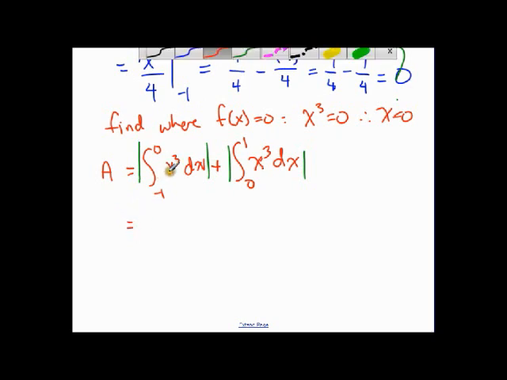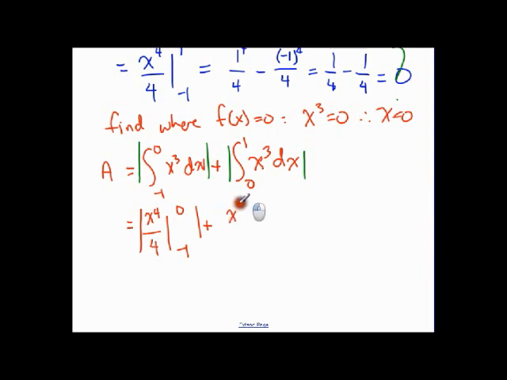So the integral of x cubed is, as we said before, x to the 4th over 4. We're going to calculate from -1 to 0, and we're going to take the absolute value. We're also going to do the integral again, x to the 4th over 4, and take the absolute value. This part's going to be positive, so absolute value is not going to do anything there.